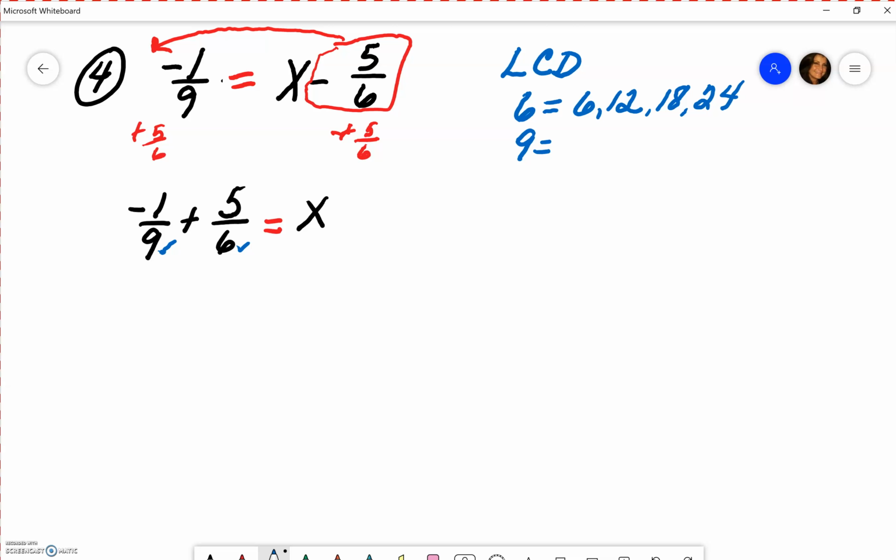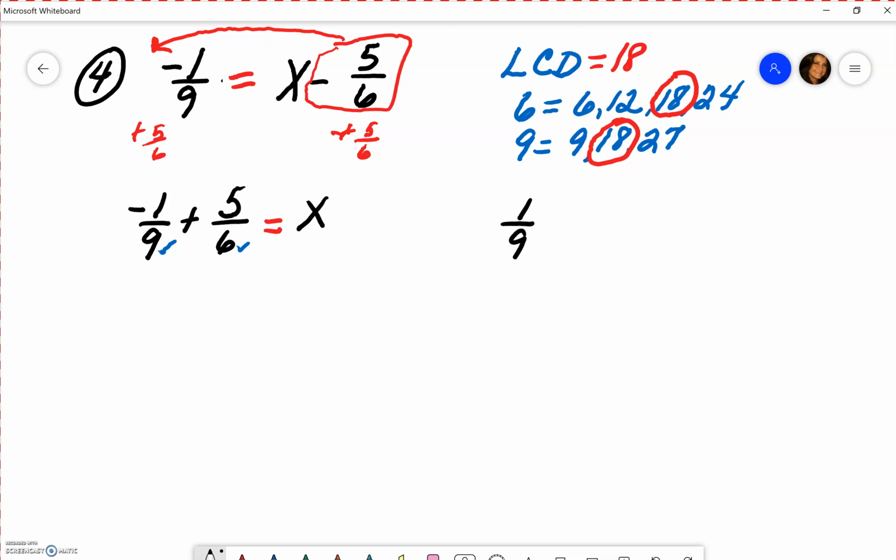If we start going through the process with 9, here's 9 times 1, 9 times 2, 9 times 3. But you can see that 18 is the lowest common multiple, lowest common denominator. So it's 18.